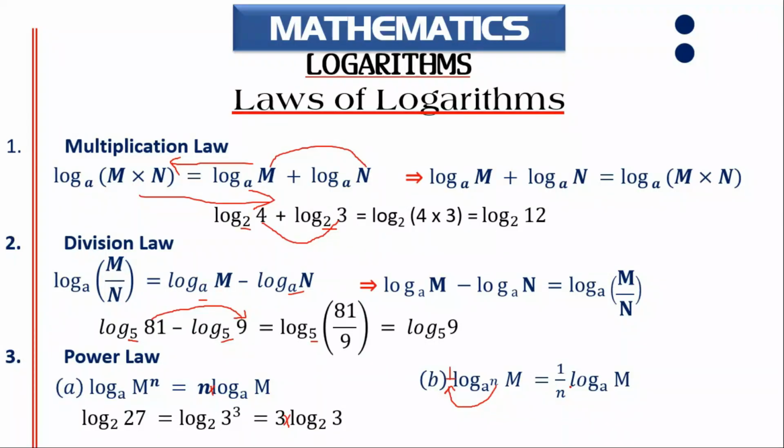You have 1 over n log m to base a. Looking at this question, you can see this can be simplified. The base is 9, and 9 can be written as 3 raised to power 2, which you can bring backward. It's going to be 1 over 2 times what you have here. We're going to talk more about that as we progress.